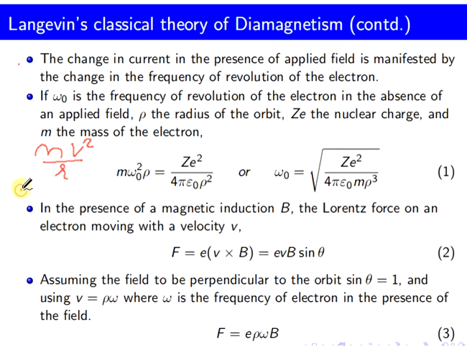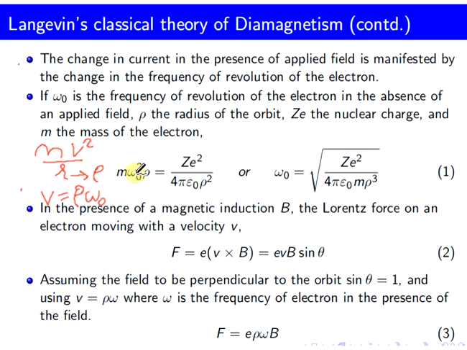Here v is the linear velocity and it is related to the angular velocity as v is equal to r omega, but in this case r is equal to rho, the radius. So v is equal to rho omega 0, the frequency in the absence of the field.